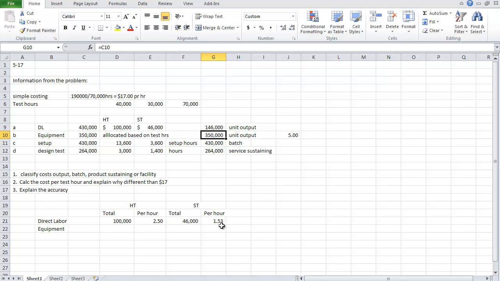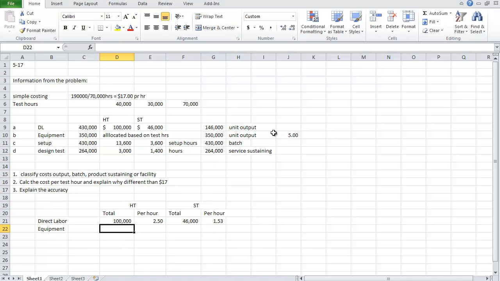And of that amount, we know that we can take the 40,000 plus the 30,000, which gives us 70, and we need to divide that by this. So if we take the 350 and we divide by the 70, we get $5 an hour. We're going to have to use that. So $5 an hour is what we're looking at for that.